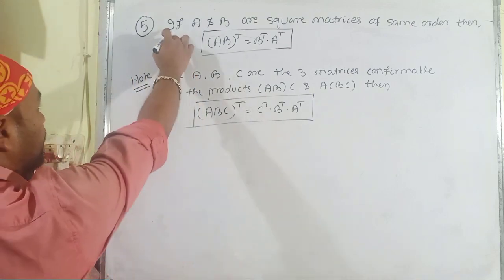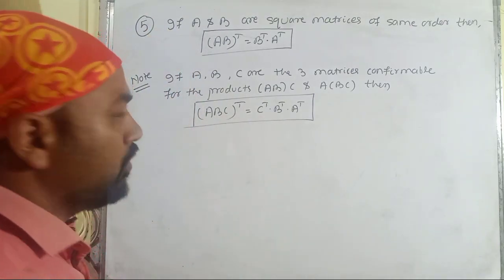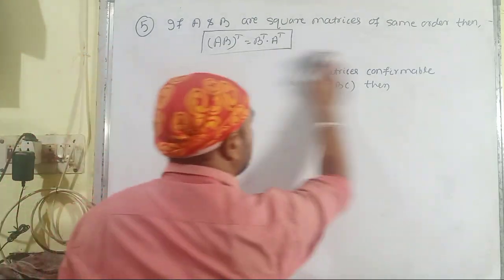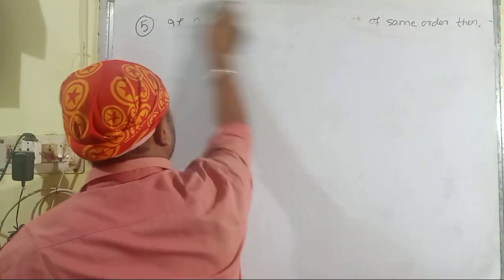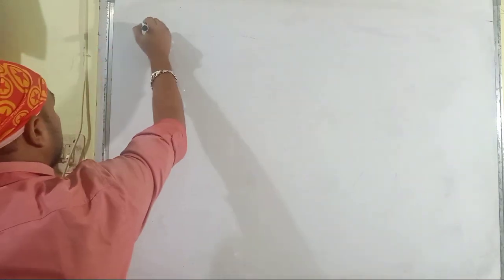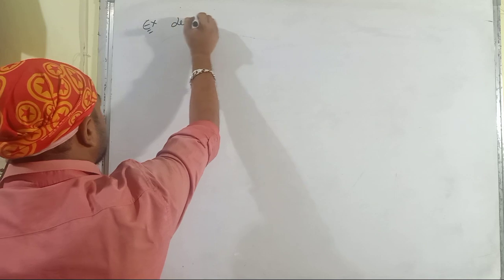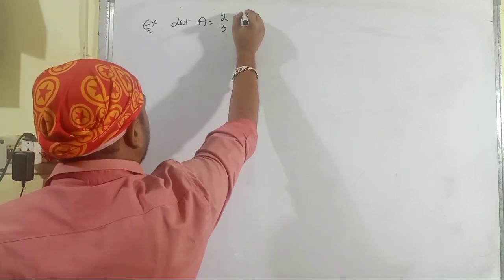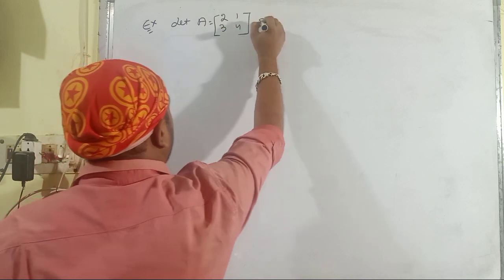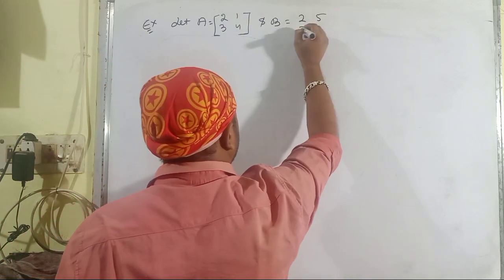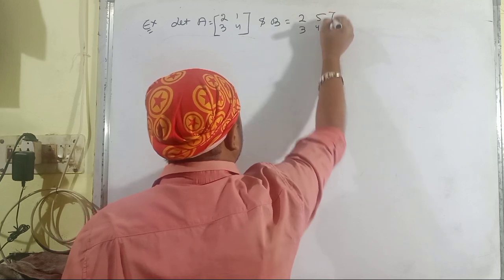So let us discuss property number 5 by considering an example. Let A be equal to 2, 1, 3, 4 and B equal to 2, 5, 3, 4.